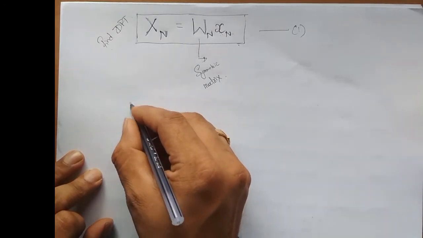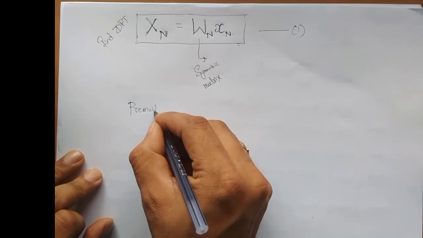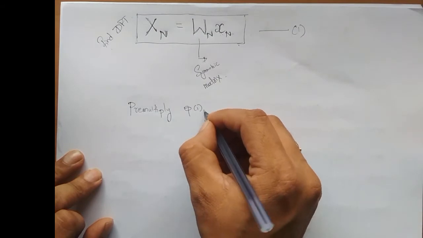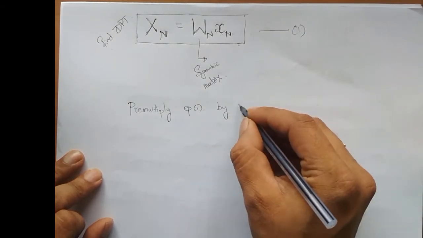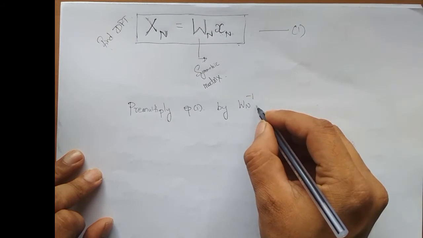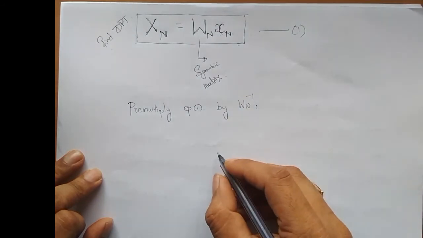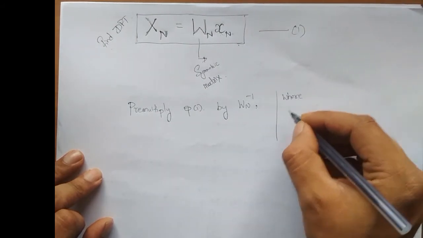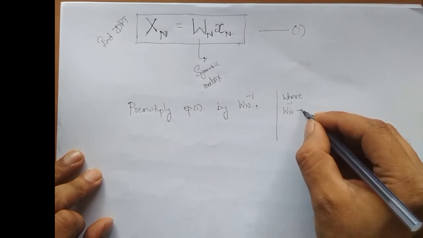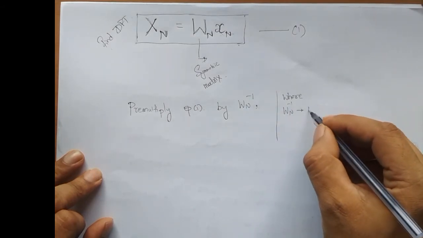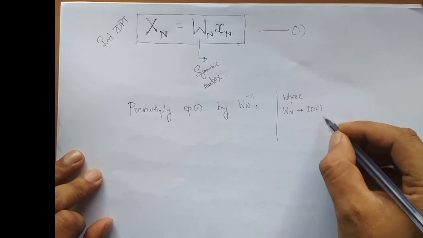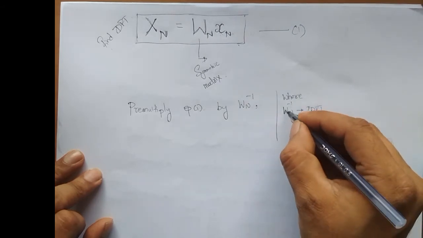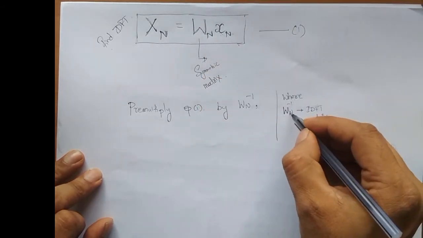So what we shall do is, we are going to pre-multiply equation 1 by Wn power minus 1, where Wn power minus 1 is not actually the inverse of the Wn matrix, it is the IDFT matrix. So how do we get this DFT matrix and IDFT matrix? We'll let you know later.